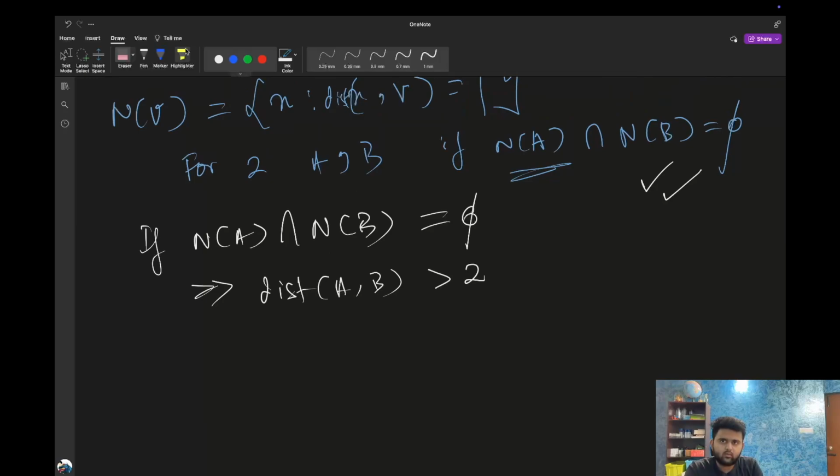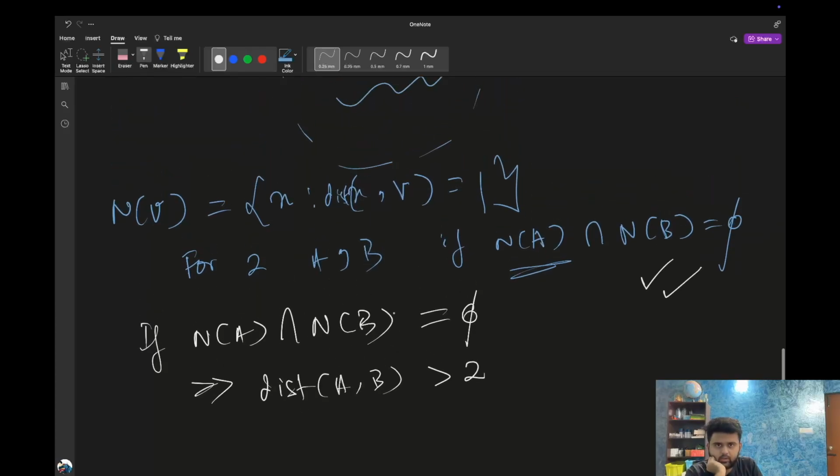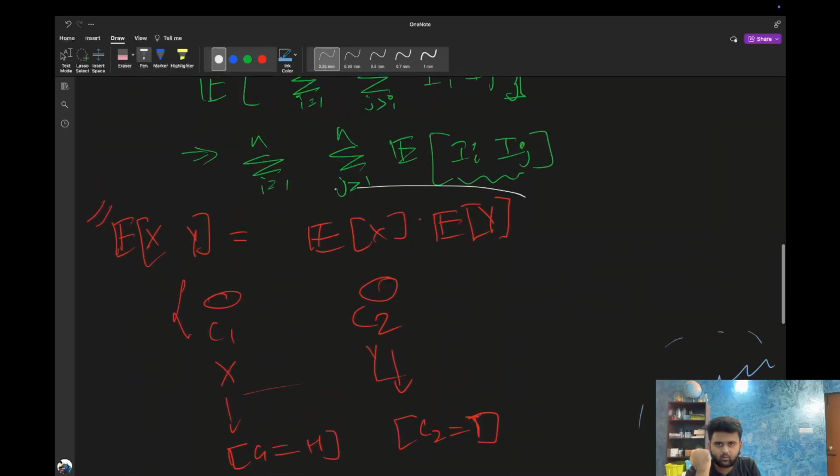So now we know that if the distance of A and B is at least 2, they're independent, and so we can use this formula.